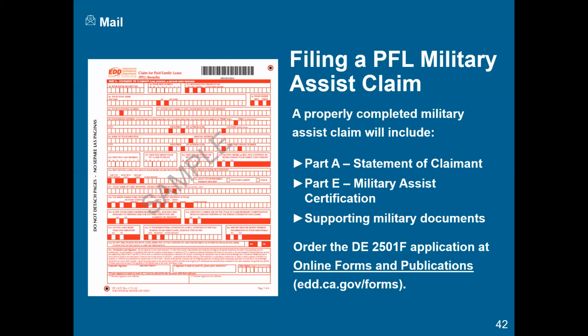And then the paid family leave military assist claim, again, same form, the DE 2501F form, just different sections they're filling out. So your employee would fill out Part A and Part E. And then they also, again, have to attach supporting military documents with this particular form.